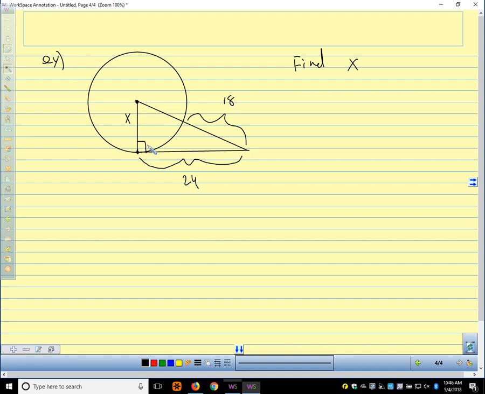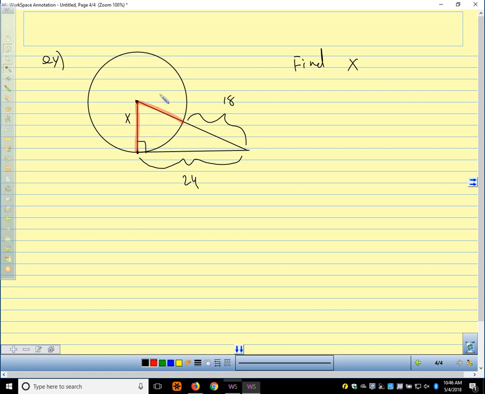Any ideas? Well, we have a right triangle there. So what does that suggest that we might be using here? We might be using the Pythagorean Theorem because we're looking for sides of triangles. Well, if this piece is x, what is this piece? They're both x. Both of them are radii.